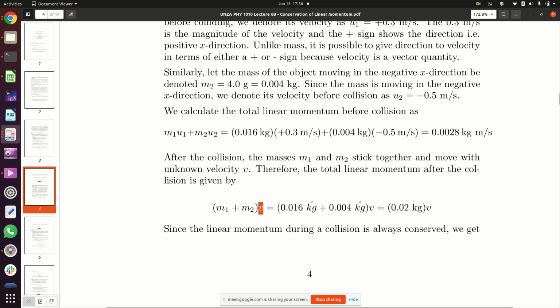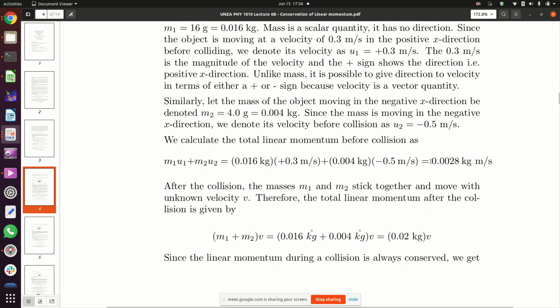The combined mass we can work out because we know the masses M1 and M2: 0.016 kg plus 0.004 kg, which is just 0.02 kg. So 0.02 kg multiplied by the velocity V, the velocity with which these things move together after the collision.